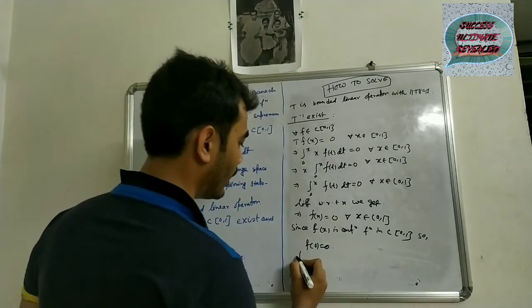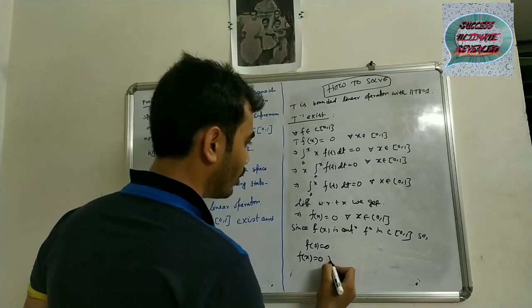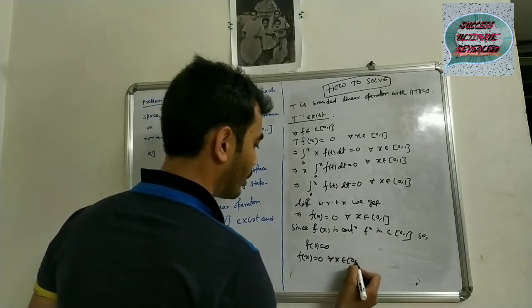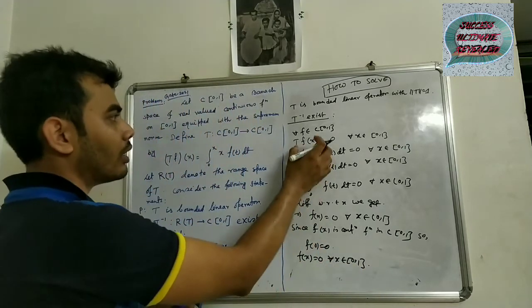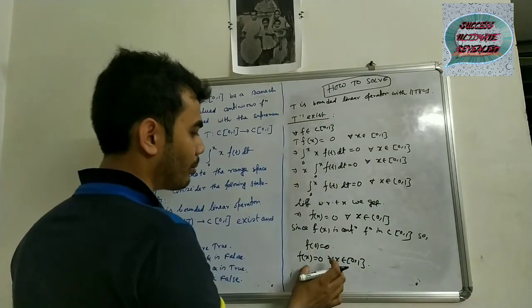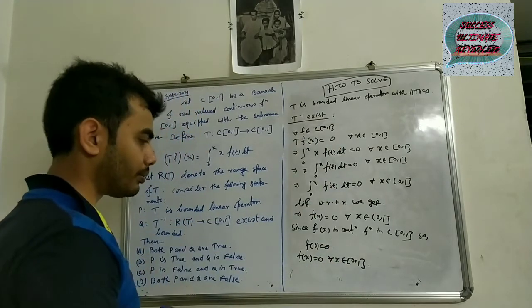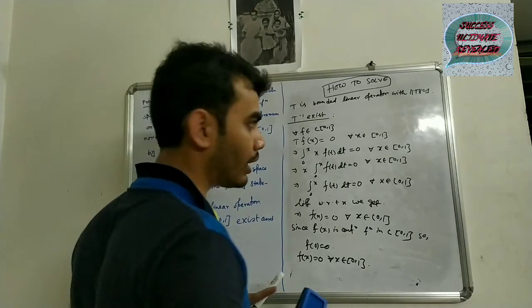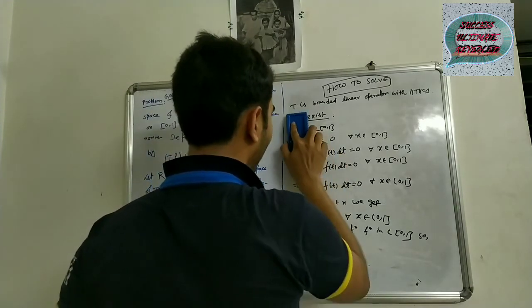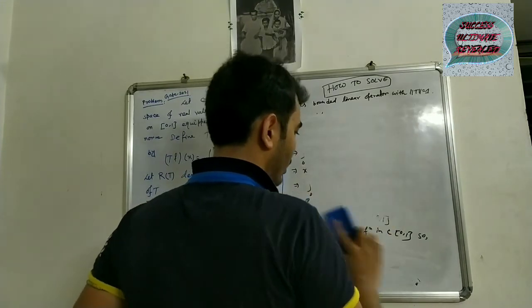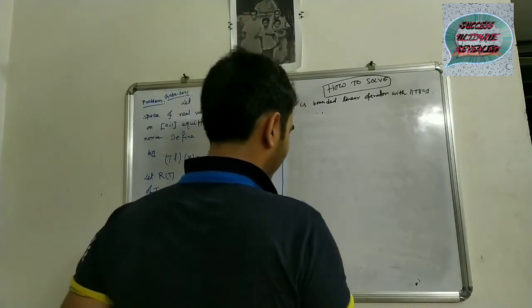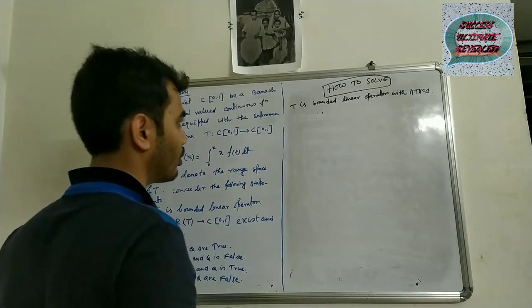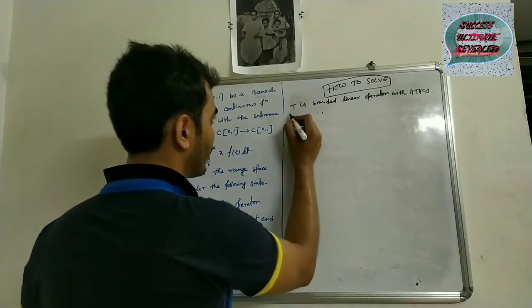So ultimately we get f(x) equal to 0 for all x belonging to [0,1]. So T f(x) equal to 0 implies f(x) equal to 0. That means T inverse exists. So T inverse exists.